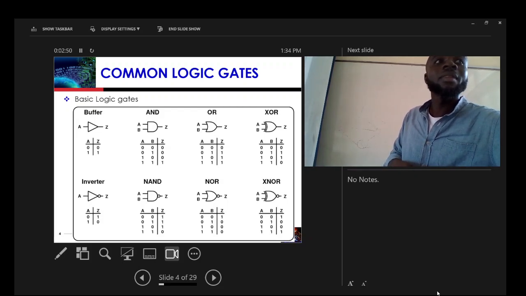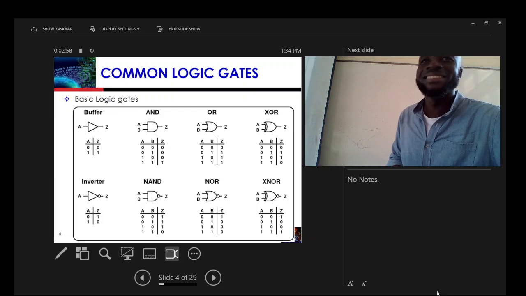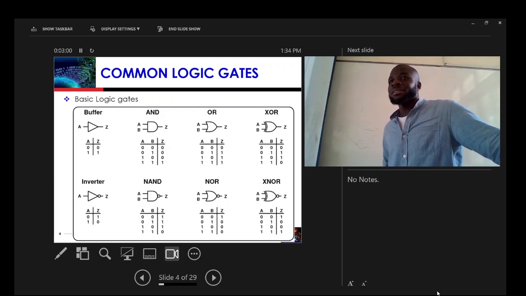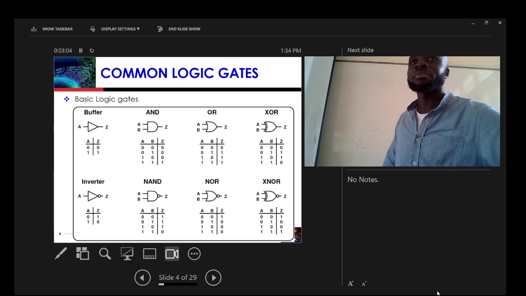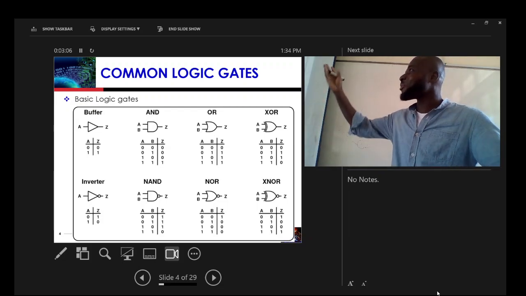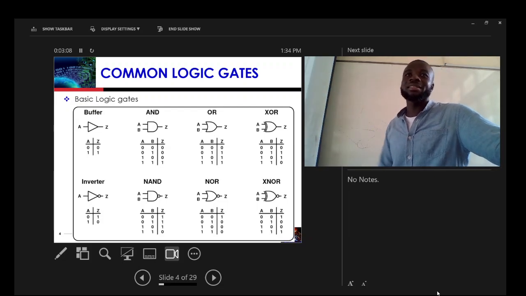The switch is like the inverter. Hurry up. Just, what do you think it does?